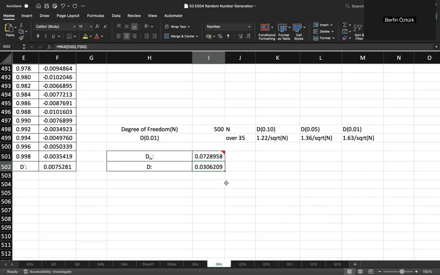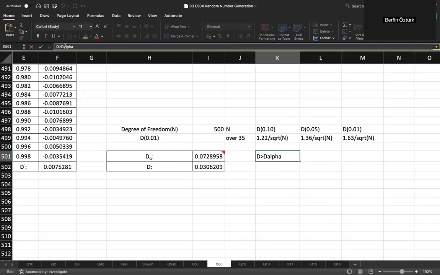As you can see, it is larger than D, which is our test statistic. So if the test statistic is larger than the critical value, okay, let me erase here. It looks ugly.